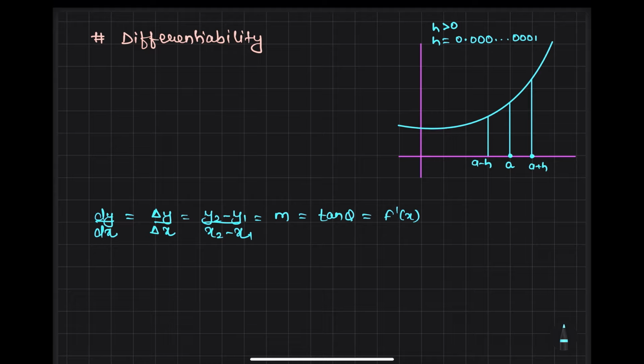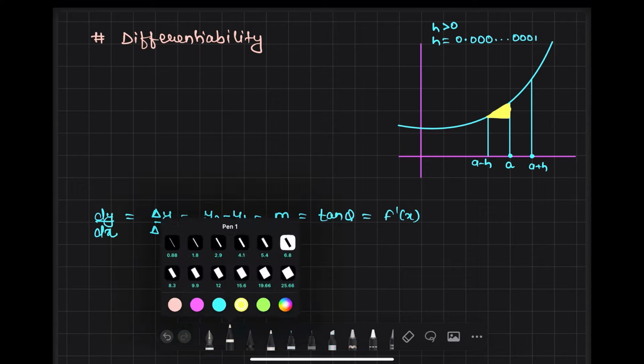Okay, so now try to understand something. They are talking about tan theta. Suppose I'm observing this triangle. If it is very close, we may have a triangle, and this angle will be theta.